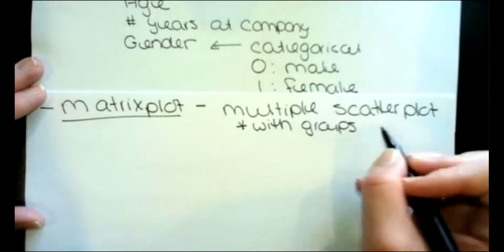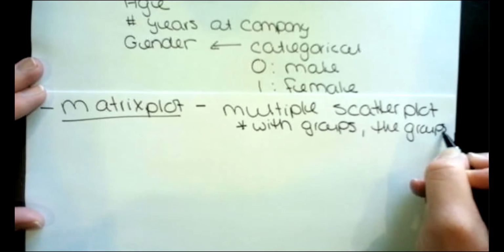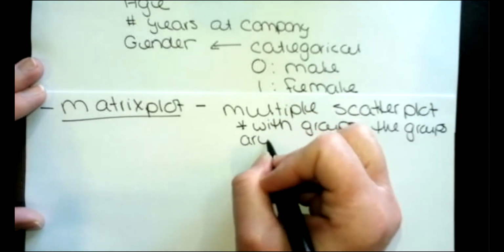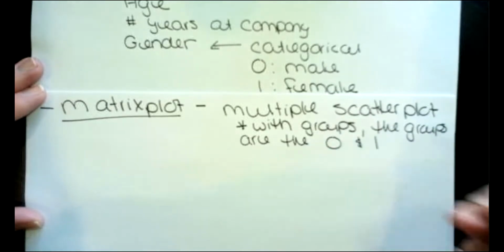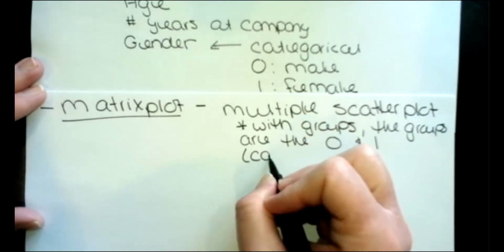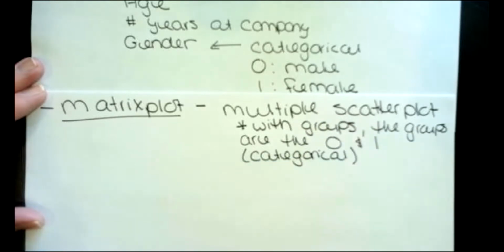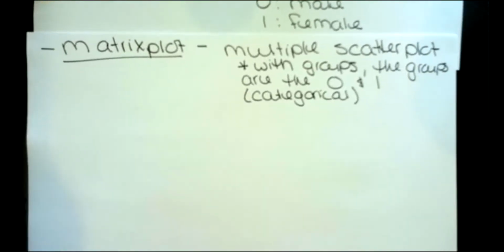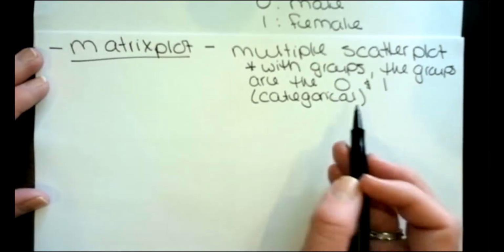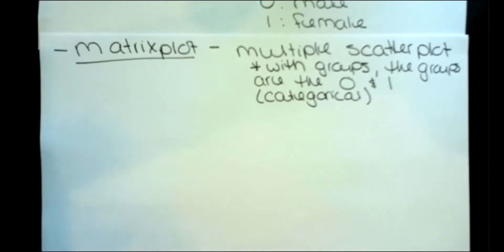And the groups are the zeros and ones for my categorical variable. That's how we're going to put that in there. It's actually a simple step because we'll already have our data coded as zeros and ones, and we're going to say with groups.